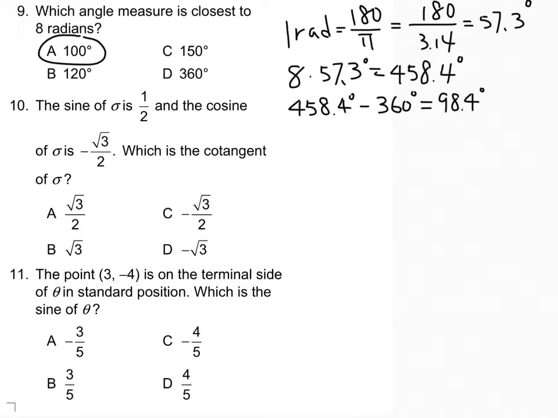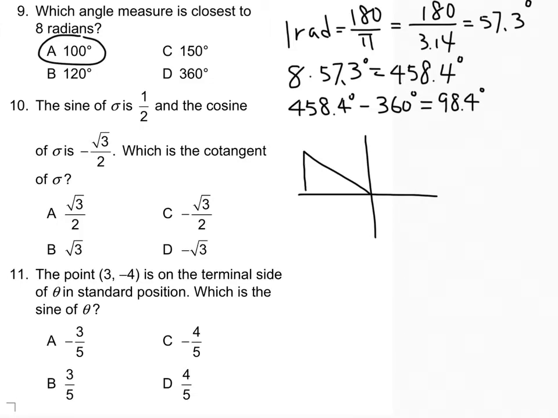the cosine of the angle theta is negative √3 over 2, which is the cotangent of theta. So when will sine be positive and cosine be negative? That's the greatest hint there. Sine is positive in the first and second quadrants. Cosine is negative in the second and third.